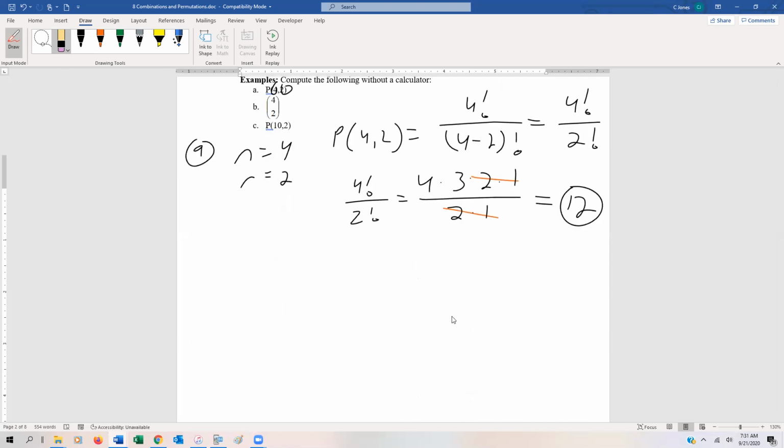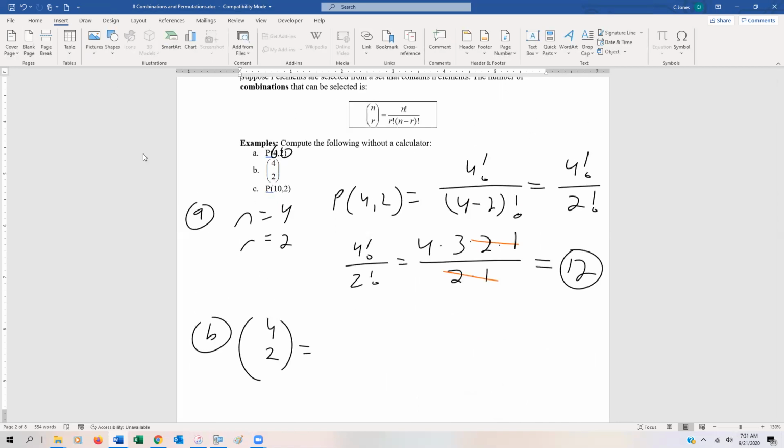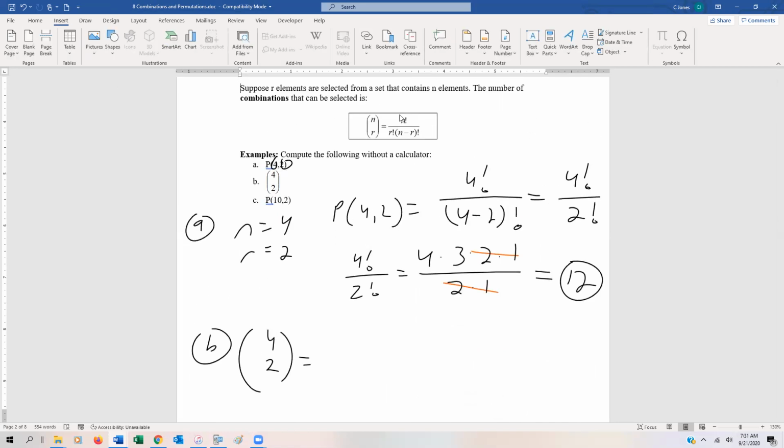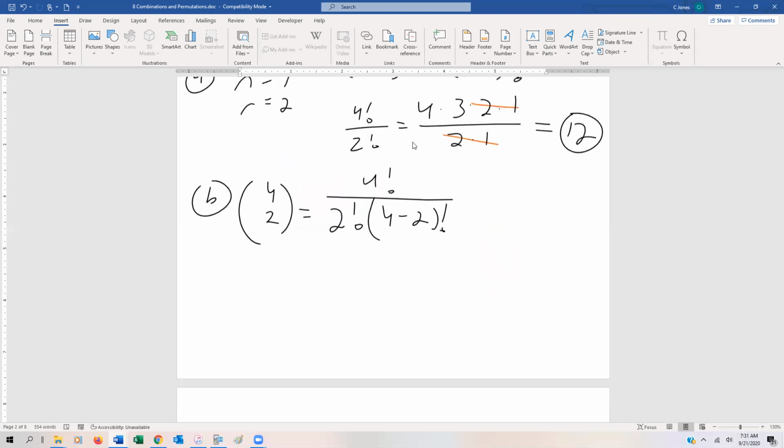Now, let's do a combination. So now we have 4 combination 2. We're going to use our formula, which is right here. We're going to substitute 4 for n and 2 for r. So we're going to have 4 factorial divided by r factorial, which is 2 factorial, and then (4 minus 2) factorial.